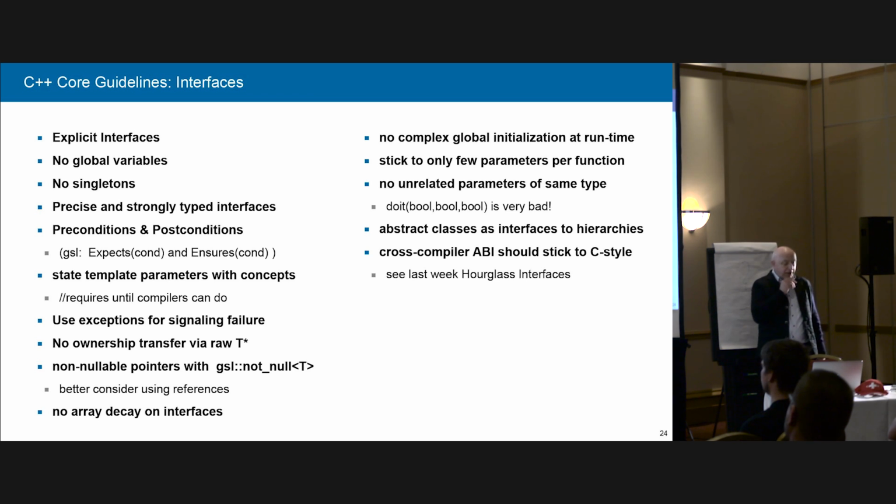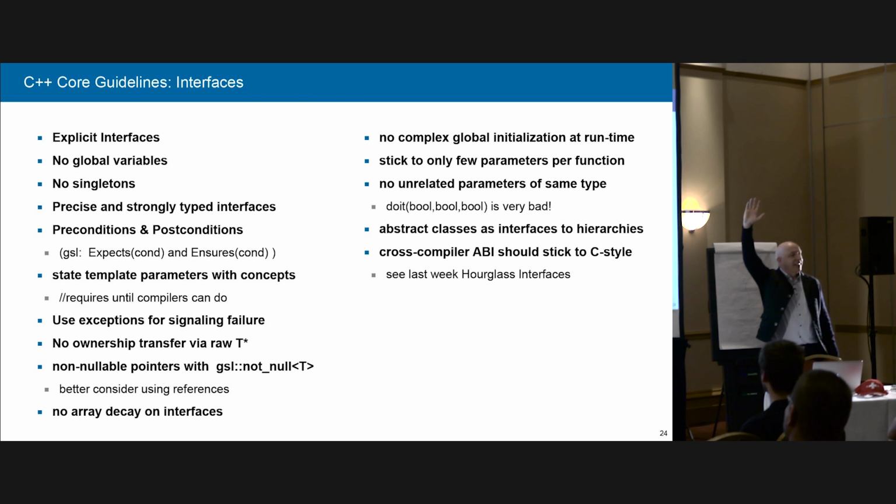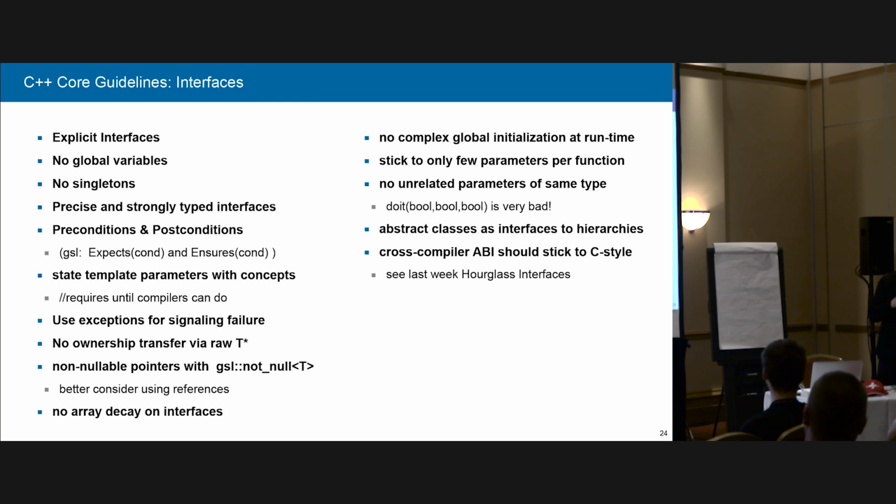A lot of things about interfaces, like make them explicit, no global variables, no singletons. Who is using singletons that are not Whiskey? Refactor away from them. I also teach patterns and frameworks, and one lecture is called flyweight boxing and killing singletons.